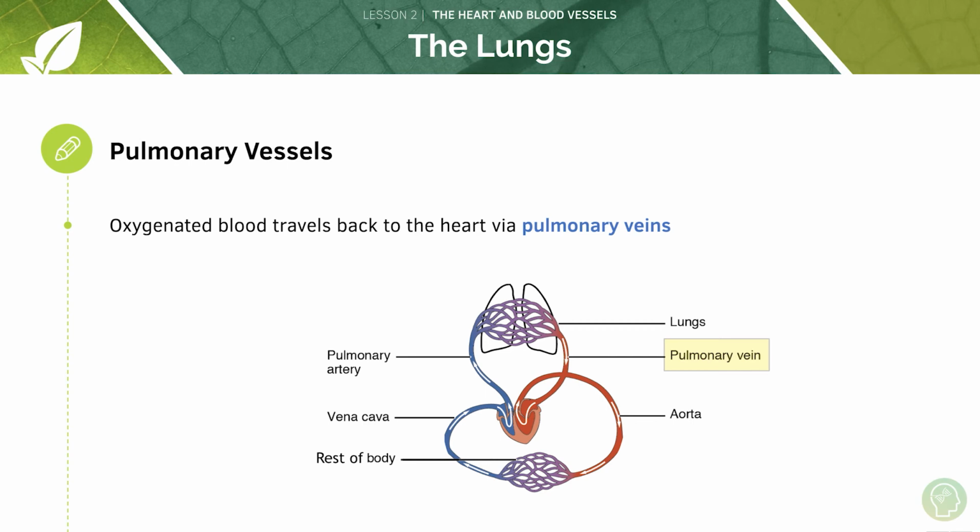So oxygenated blood travels back to the heart via pulmonary veins. So remember, I pointed out that here we have oxygenated blood travelling through veins. And we have deoxygenated blood through your pulmonary artery. So this might be a little bit confusing, so make sure you really understand this.